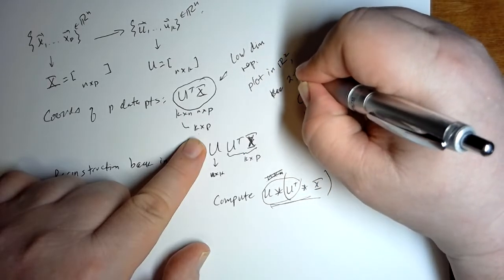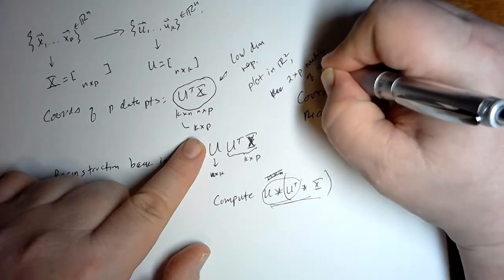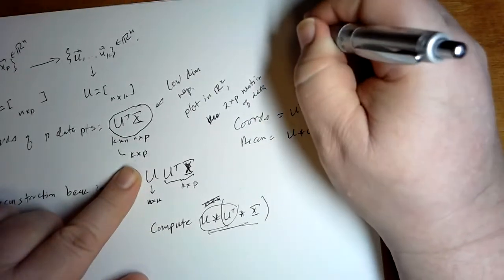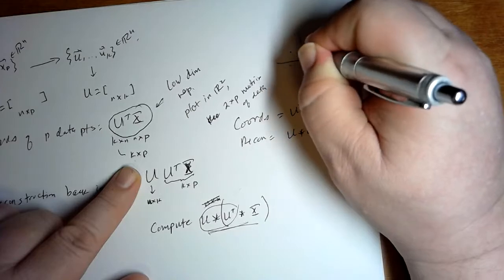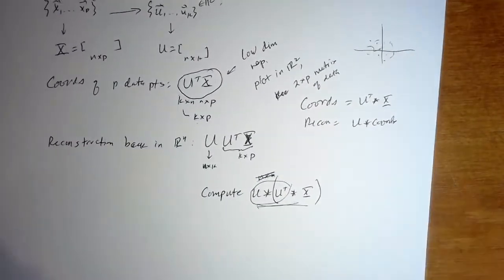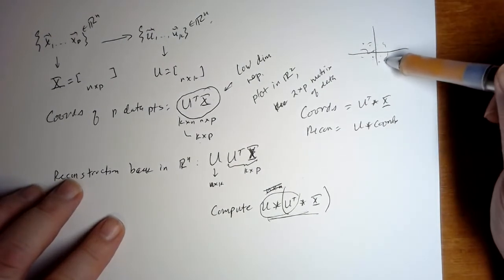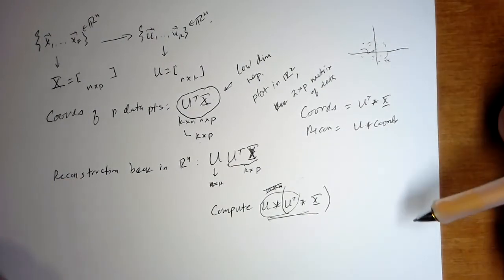You would use the 2 by p matrix of data, and then each of those points would be plotted in the plane. Okay, good. And sometimes this is very interesting to see. What is the low-dimensional representation of your data?